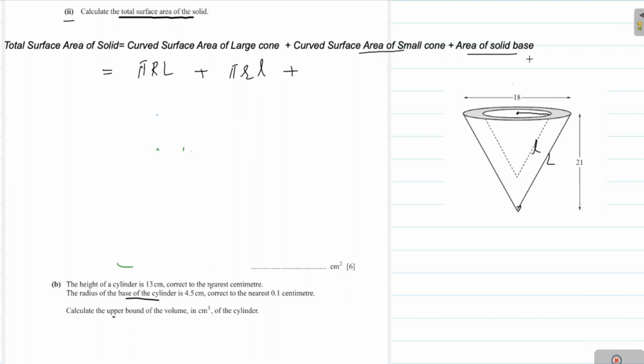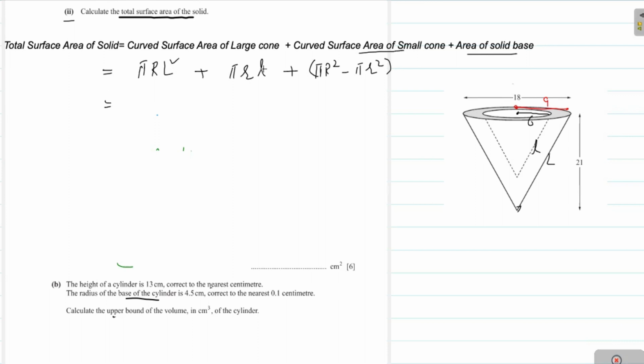Plus the area of this solid base, which will be equal to pi capital R square minus pi small r square. The radius capital R of the large cone is 9, and the radius of the small cone is 6, and we can find this area of the solid.